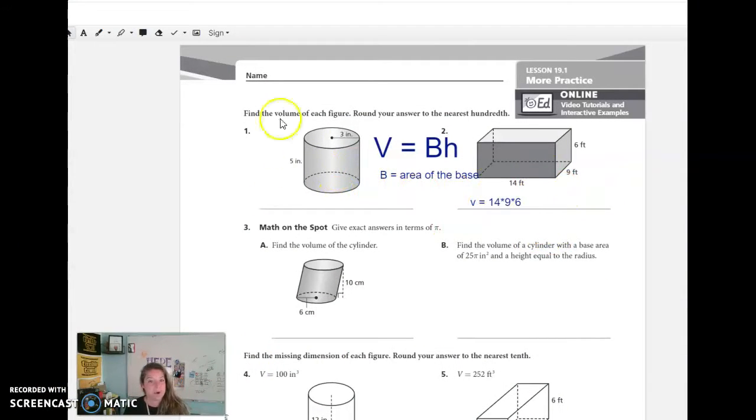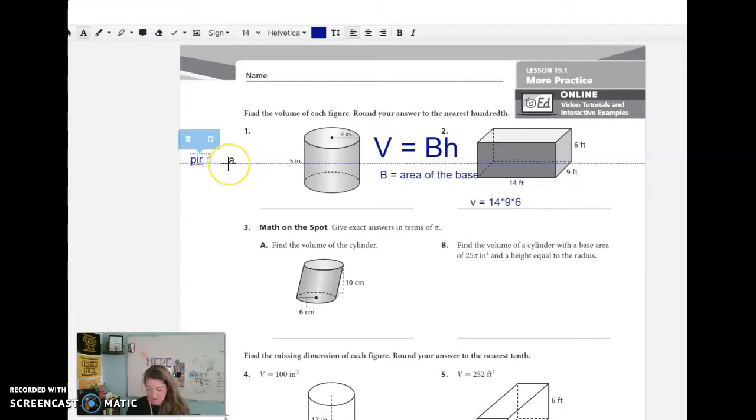If you look at number 1, right? Number 1 is a cylinder. And so we need the area of the base. Remember, the base is the bottom or the top, okay? Either one, you can flip it over. But for a cylinder, with the circle, the area formula is actually pi r squared, right?